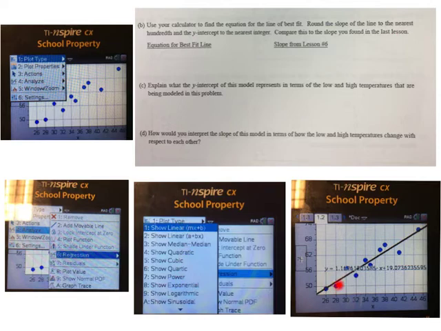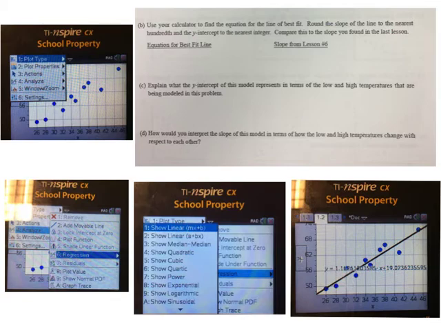What it does is it draws a line of best fit through your graph, and in your graph you can identify what your linear regression is. Don't forget that you can click onto that data on your calculator and move it out of the way if you can't read it. But the information that it has here, it says write the equation of line of best fit, and it says round your slope to the nearest hundredth. So I'm going to say that my slope is 1.16, and I hope I can read that through on my screen.